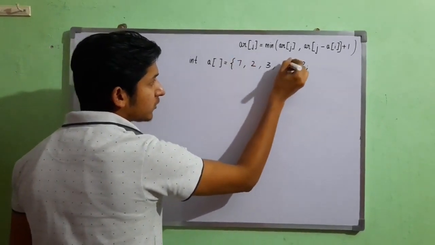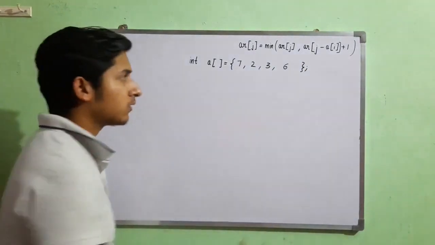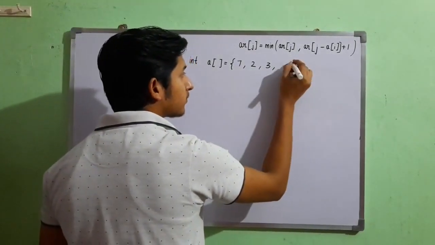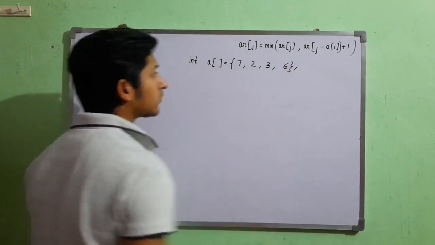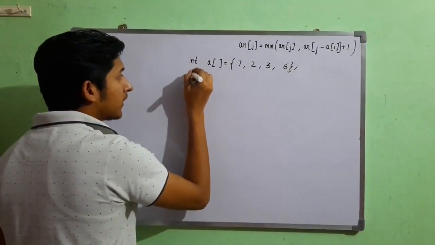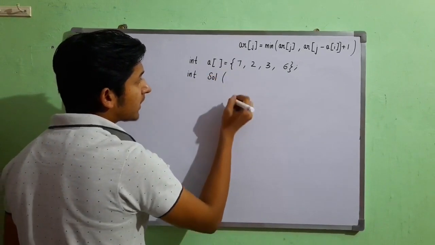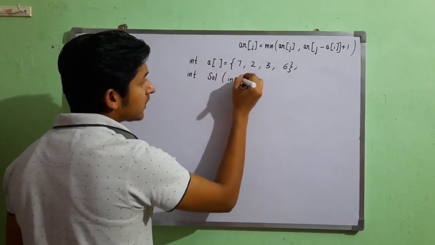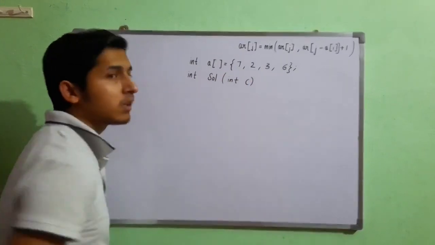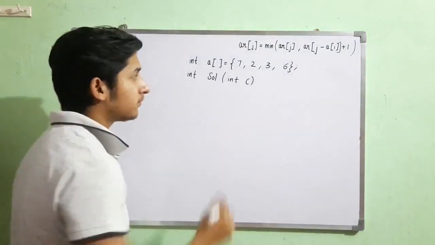So I'm just taking these only. You can make your own. Now the function returns an integer. Function name is sol. Function takes an integer that is the total required value.